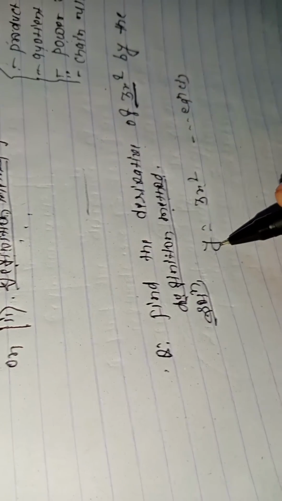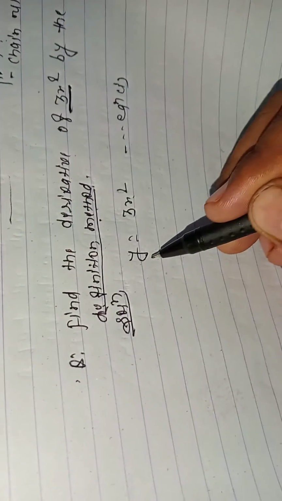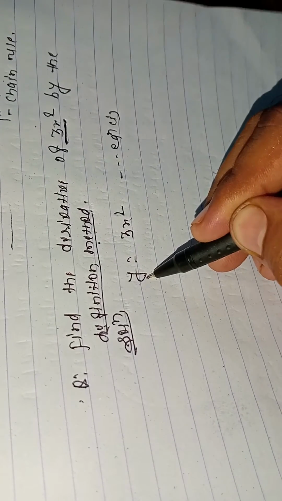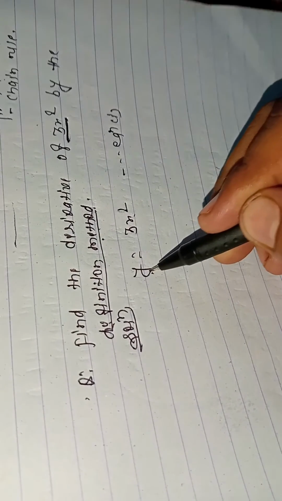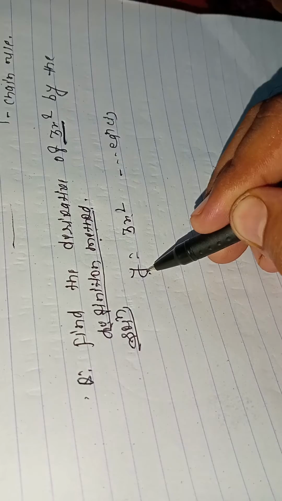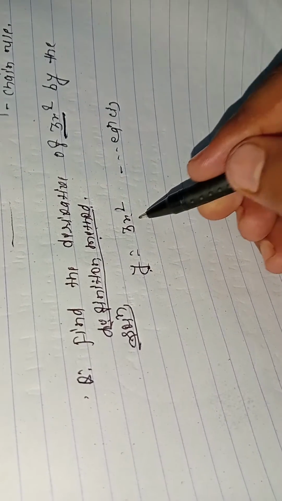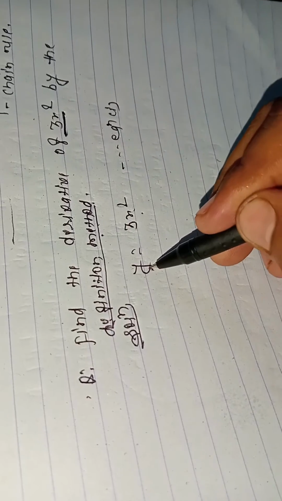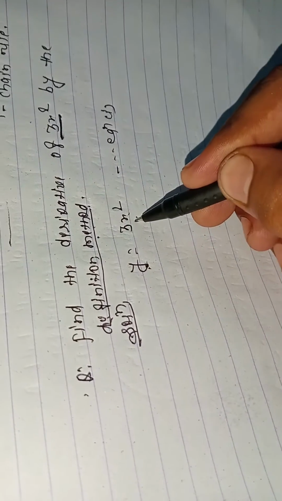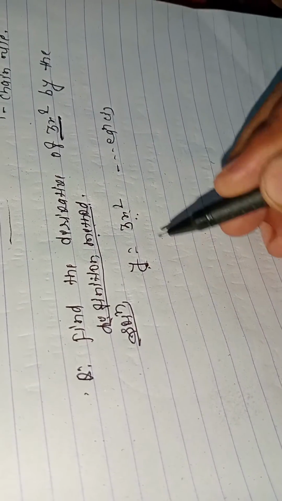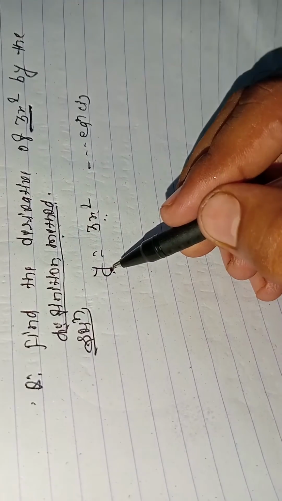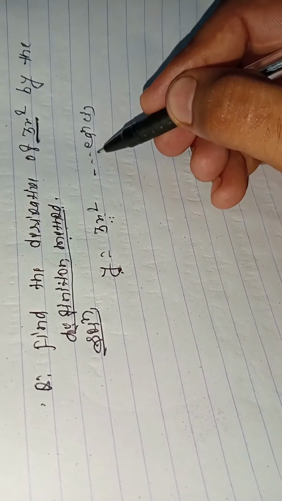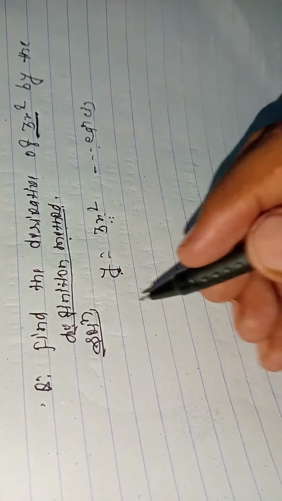You can suppose z or w as well, but in our practice the habit is to write y equals 3x square. But if you are interested in writing z equals 3x square, you can.